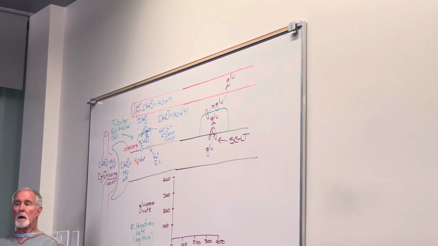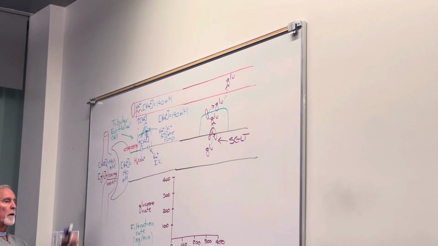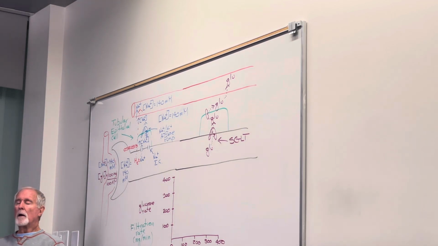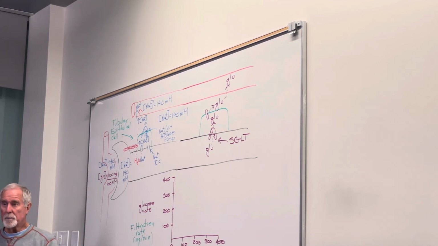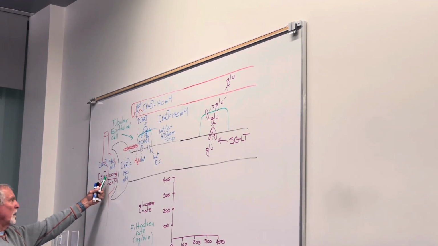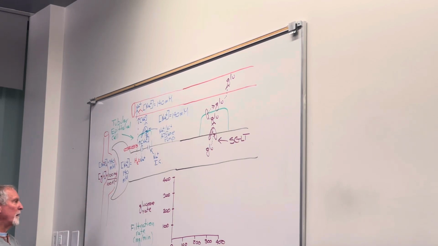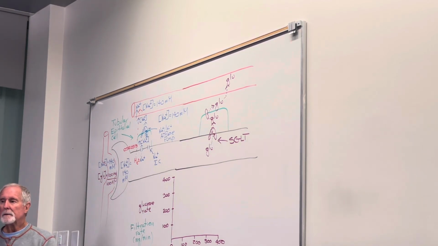Eric, what's the normal GFR? 100 milliliters per minute, perfect. And if the concentration of glucose is 100 milligrams per 100 mLs, Mr. Corey told us, that means the filtration rate for glucose will be 100 milligrams per minute.